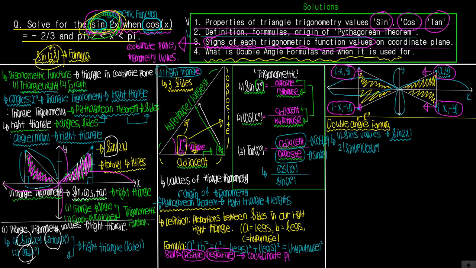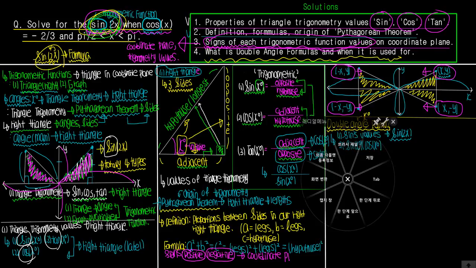This is the formula, and if you write it more neatly, the sine of 2x is similar to the distributive property. We bring out our 2 and we write sine of x times cosine of x degrees. This is what the double angle formula is going to be in our trigonometric function problems.